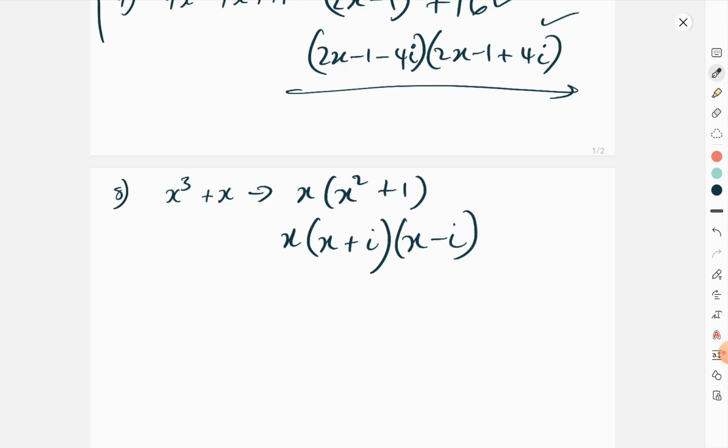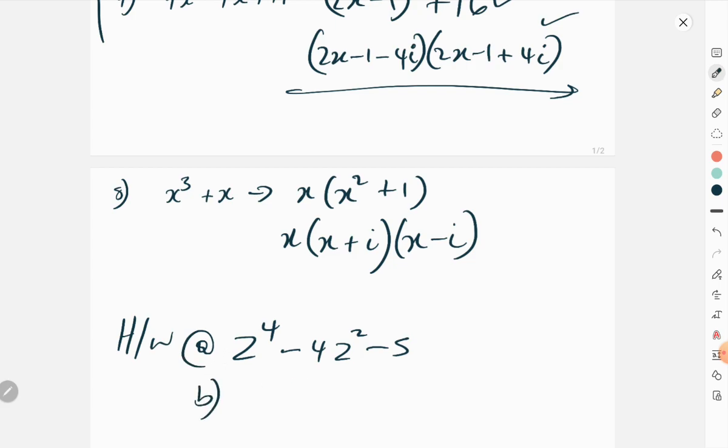So you can take this as homework: factorize z to the power of 4, minus 4z squared, minus 5. This is the first one. Then the second one is 2z squared, then plus 200.